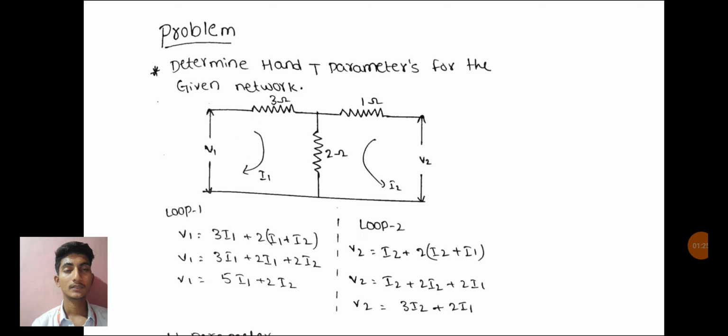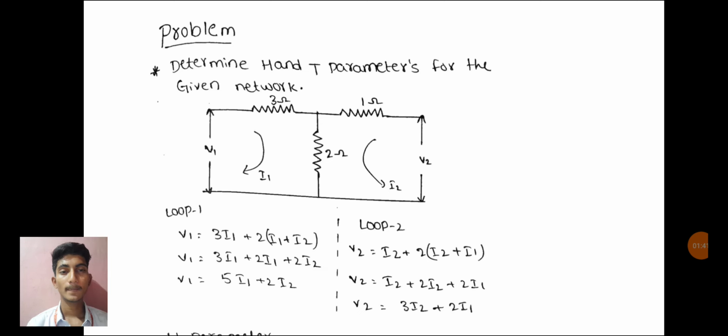Problem: determine the H and T parameters for the given network. We have the loop circuit diagram, with two loops, I1 and I2.